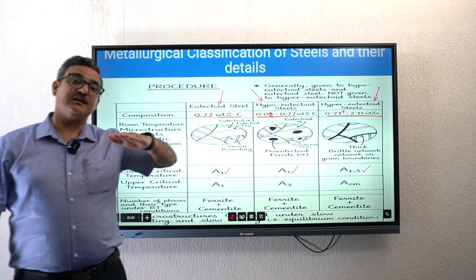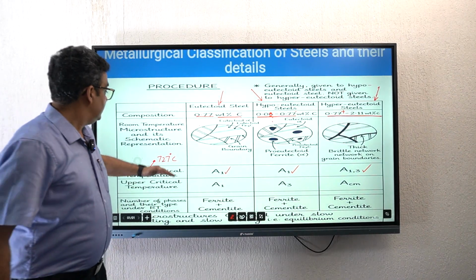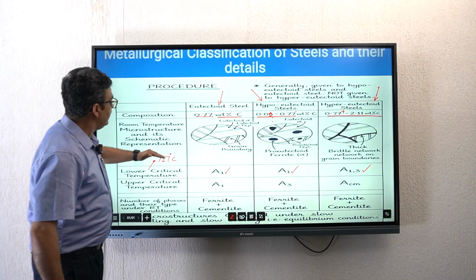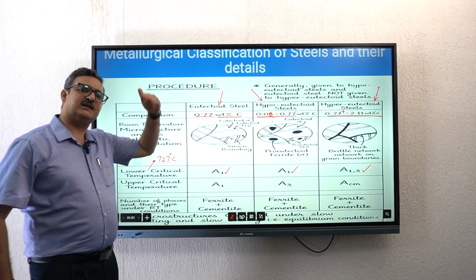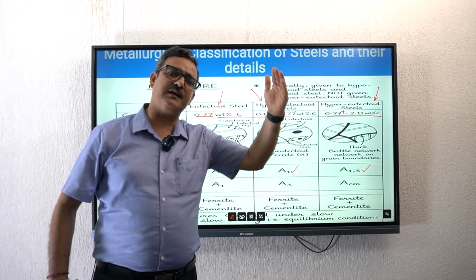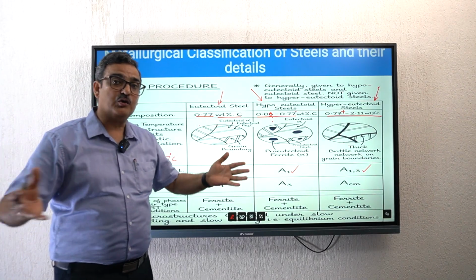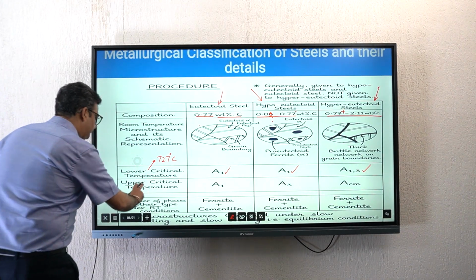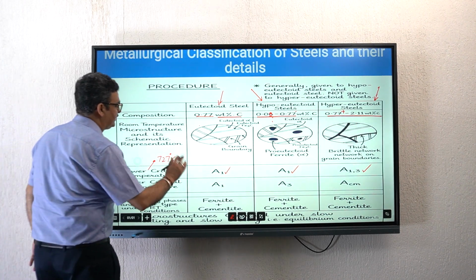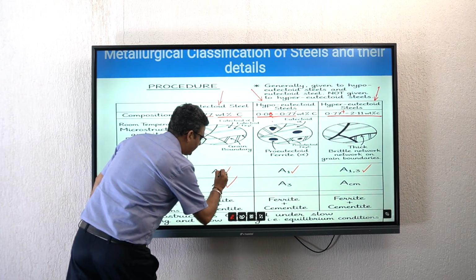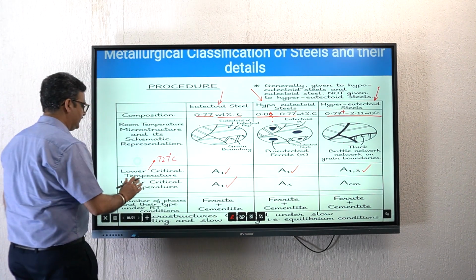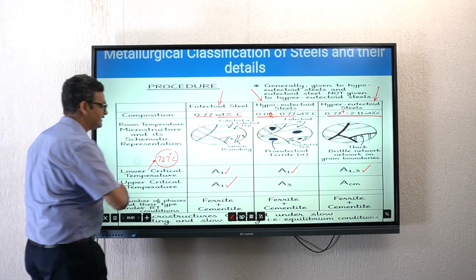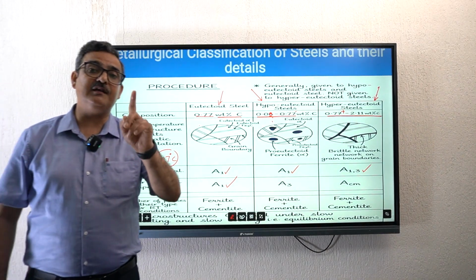But if you heat at a faster rate, this will depart from here and it will be at 740 or 780 or 800 or 900, depending upon what type of non-equilibrium heating rates you have adopted. What is the upper critical temperature for eutectoid steel? Both the lower critical temperature and upper critical temperature are the same, 727, during equilibrium heating conditions.